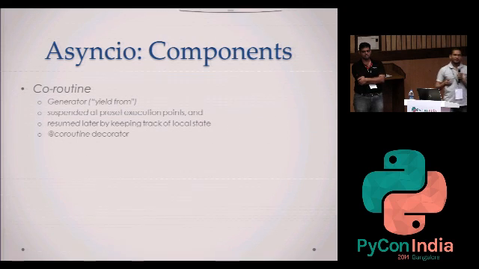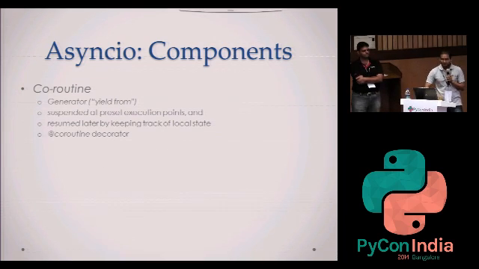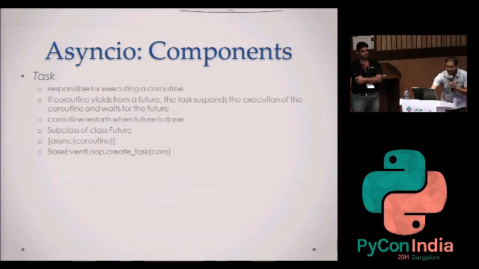Say in the beginning we had an example wherein we are reading data from a socket, and if that call takes a lot of time, in that case we can suspend the execution, allow some other task to run, and when the data is available, we can resume the execution of our function. Coroutines are decorated by asyncio.coroutine. And in asyncio, coroutines would essentially have a yield from statement. We'll learn about it in an example.